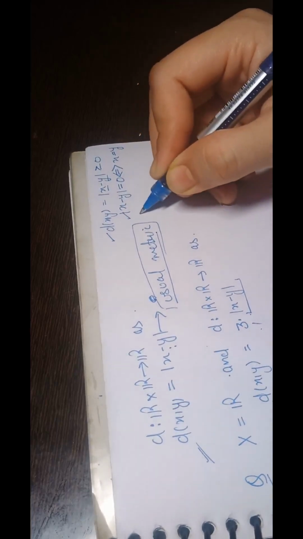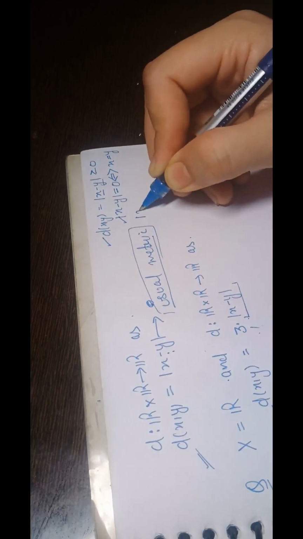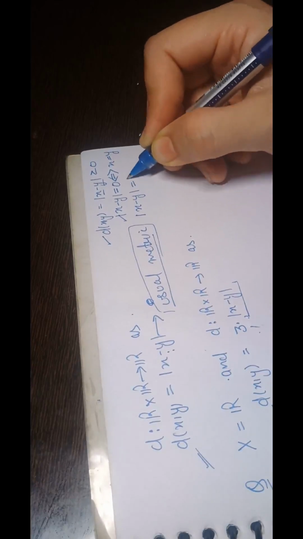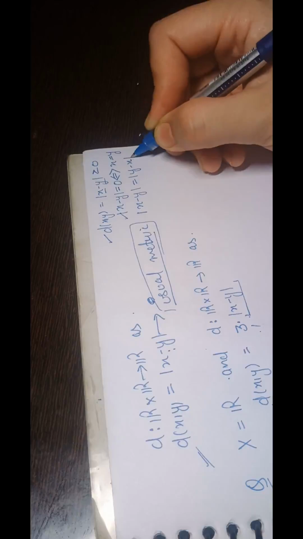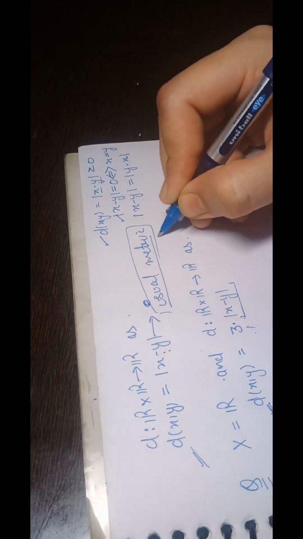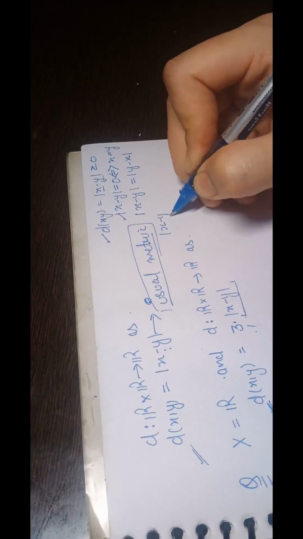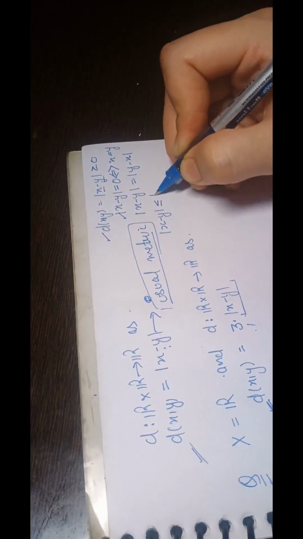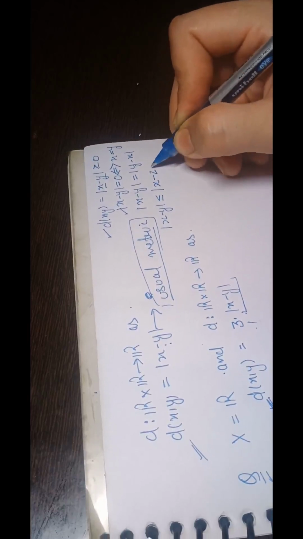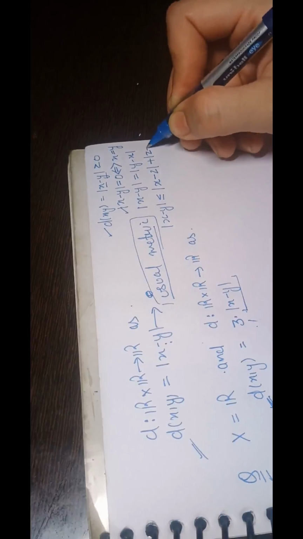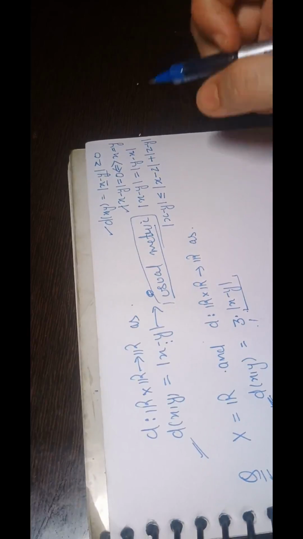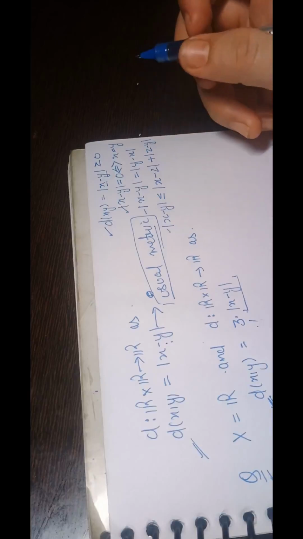That is non-negativity and identification, and then symmetry: mod of x minus y is the same as mod of y minus x. Then triangle inequality: for every x, y and z belonging to R, mod of x minus y is less than or equal to mod of x minus z plus mod of z minus y. These four conditions are satisfied.